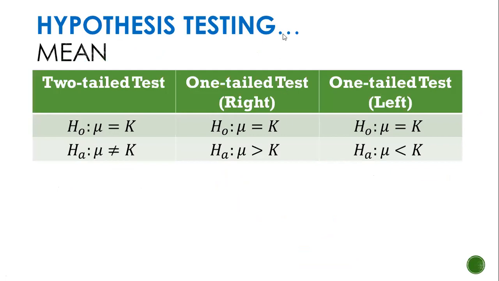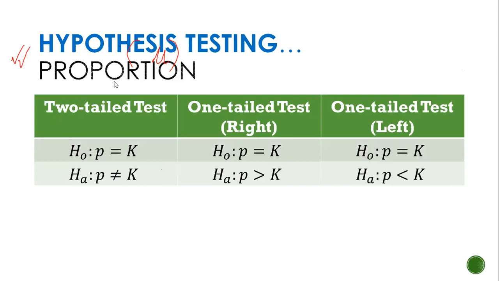Let's try to discuss. So under your hypothesis testing, sinabi natin kanina that we will use two parameters, right? The first parameter is your population mean, mu. Okay? So ang isipin natin muna later on kung maggagawa tayo ng ating hypothesis is that ano yung gagamitin nating parameter? Is it mean or pangalawa, which is your proportion?